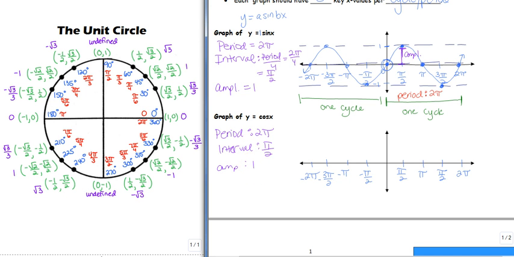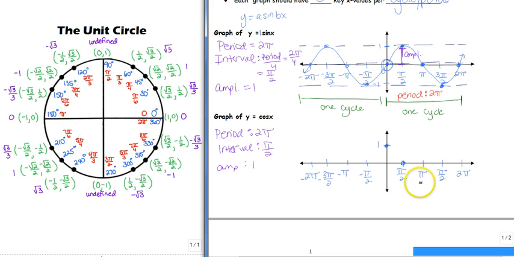So we look at our graph, and we start at 0. When we look at our unit circle, if I want the cosine, which means I want the x value, at 0, I'm going to start up at 1. So a little bit different than the last one. If I go to pi over 2, my cosine x value is at 0. Next we have pi.